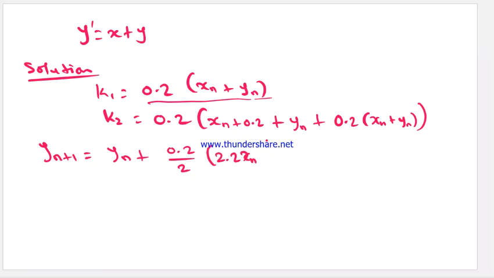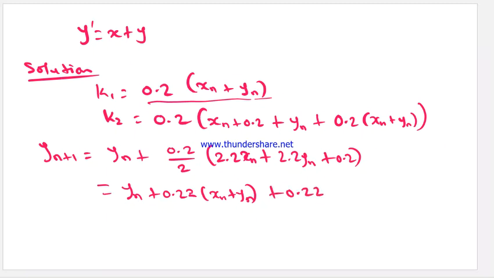So we have to simplify all of those additions, plus 2.2 yn plus 0.2. And finally, we are going to get something in the simpler form as follows: yn plus 0.22 xn plus yn plus 0.02.